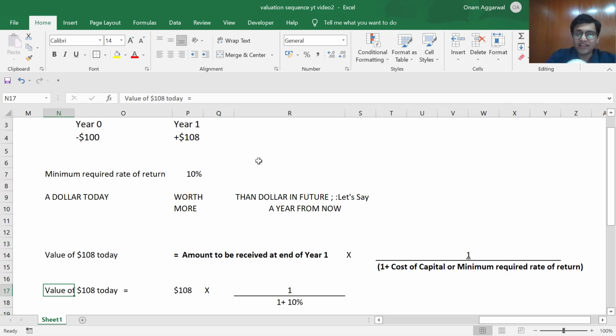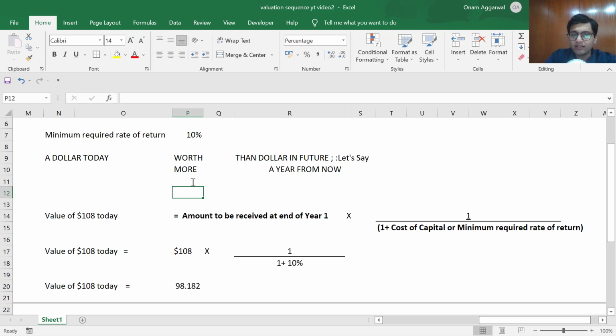Well, you will take this $108 which you will receive at the end of year 1. You will multiply it by 1 upon 1 plus 10%. Why 1 plus 10%? Because this is at least the minimum required rate of return which Mr. Musk requires on all his investments. By doing this, you get the value of $108 to be $98.18. So what does that mean?